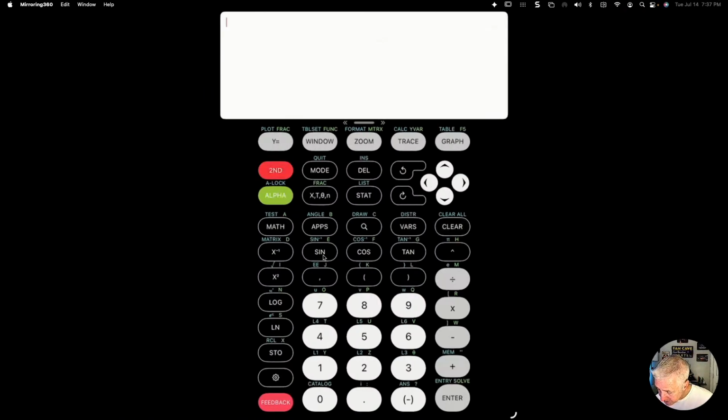We'll clear that out. I'll go second, clear, second vars, normal CDF, and I'm going to go negative 1.2, comma, 7, comma. And before I figure what this is, let me just try to guesstimate what it is. If I went between 1 and 1, then the area would be 68%. So I've cut some of that out. In other words, now I'm logically trying to deduce what it might be.